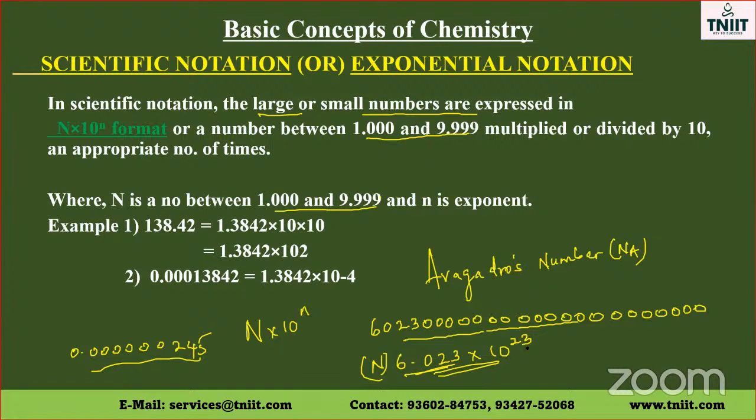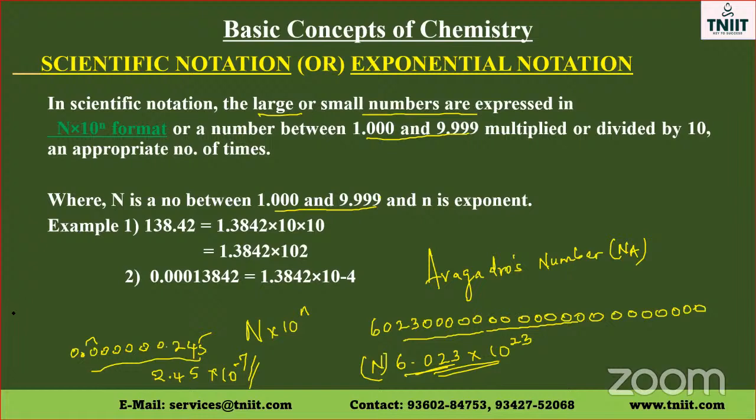Now for another example, if you observe, we have a decimal point here and after the decimal we have 9 digits. We can write this as 2.45 into 10 to the power. We are shifting the decimal: 1, 2, 3, 4, 5, 6, 7. In the 7th place we place the decimal. So 10 to the power minus 7. This will be the scientific notation for this value.